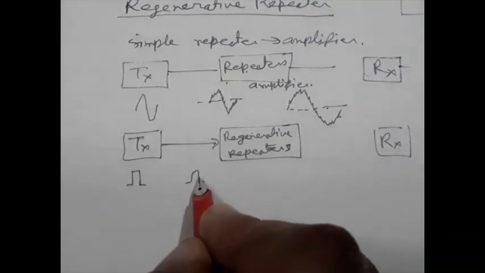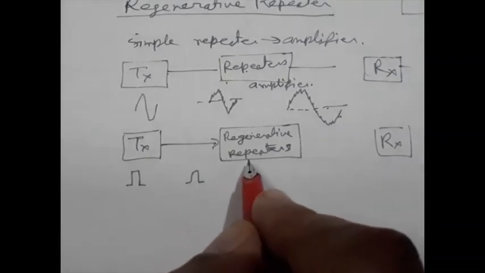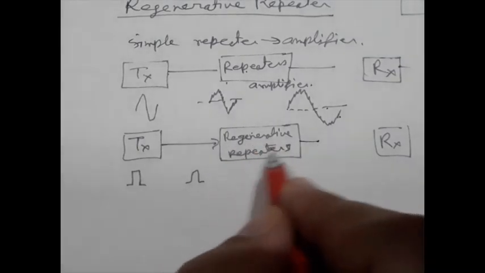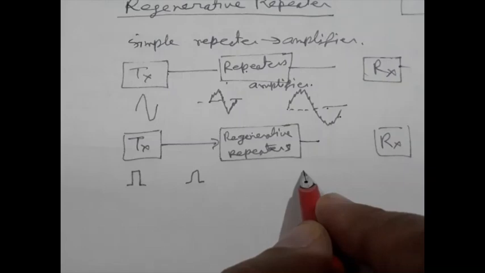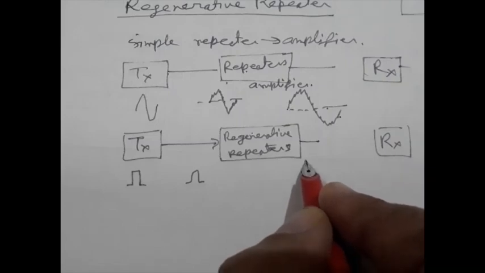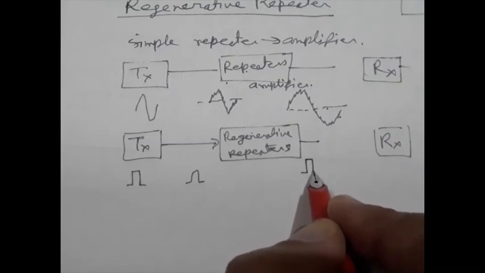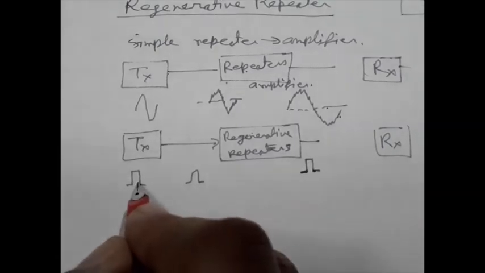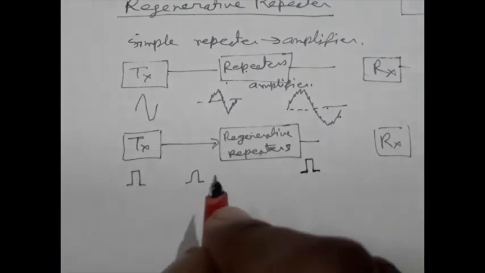A regenerative repeater will reshape, retime and regenerate this pulse. That means at the output we will get an absolutely highly defined pulse as transmitted by the transmitter.